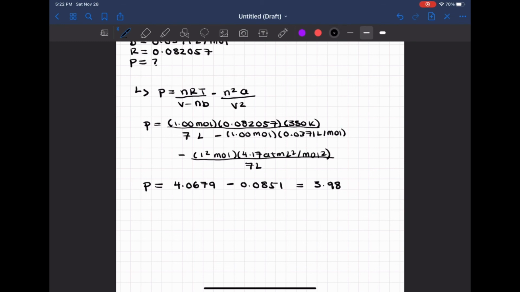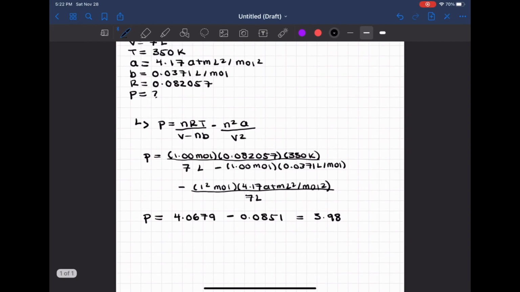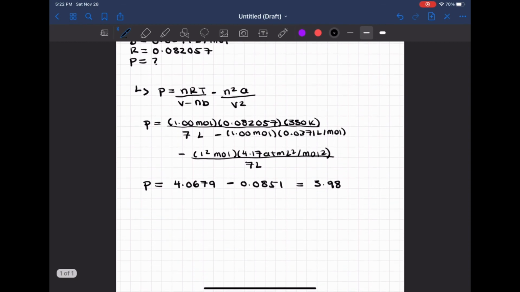So we rounded to 3 significant figures. And then from there we can conclude that the pressure in this problem is equal to 3.98 atm.